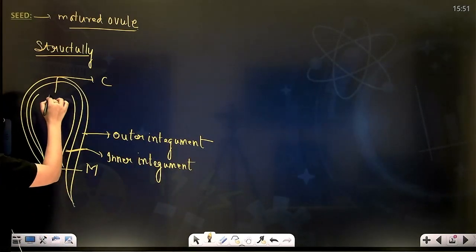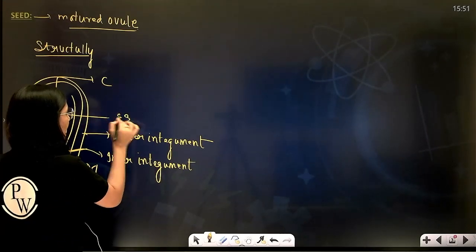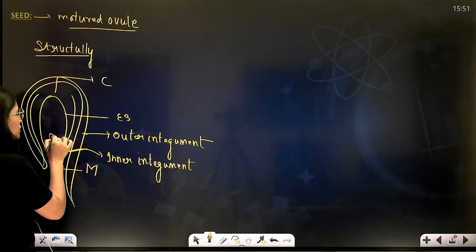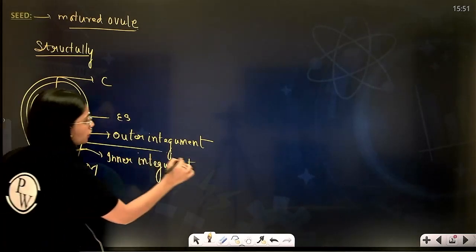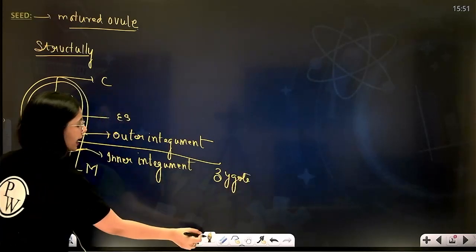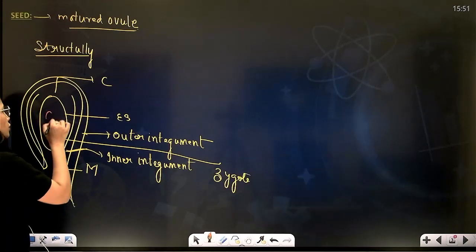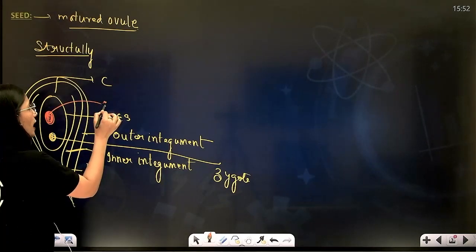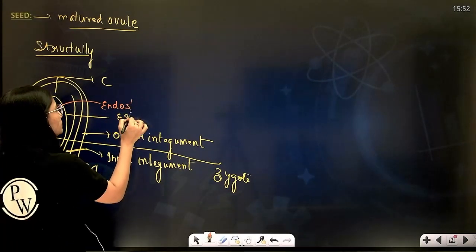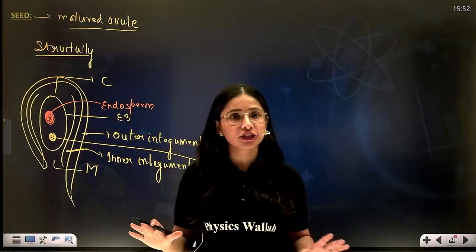Now, inside it encloses the female gametophyte, which is the embryo sac. Now, after fertilization, there is formation of zygote. And apart from zygote, there's a triploid tissue produced due to triple fusion, which is endosperm.